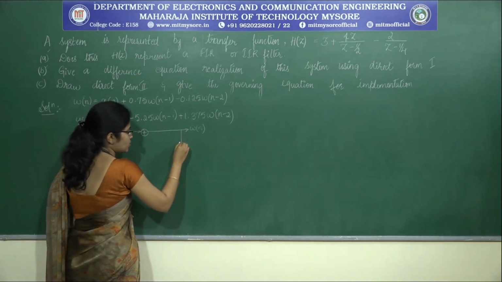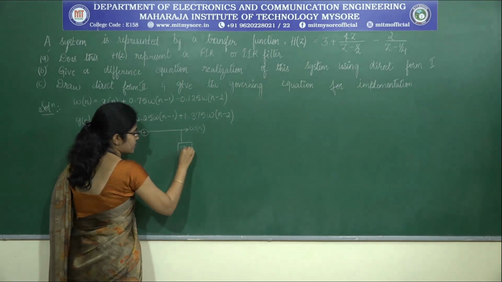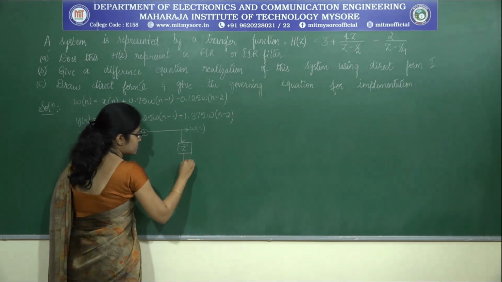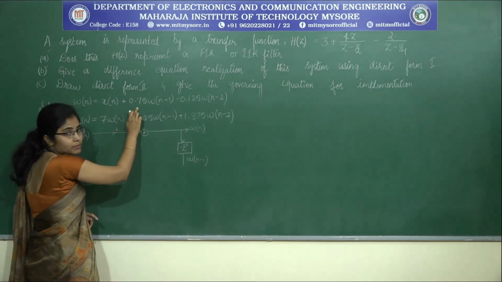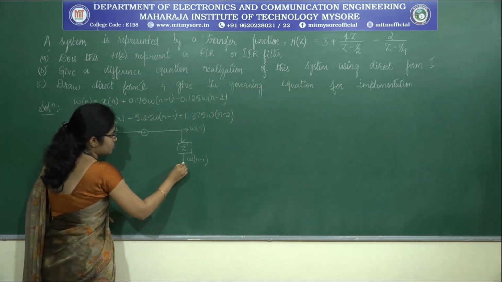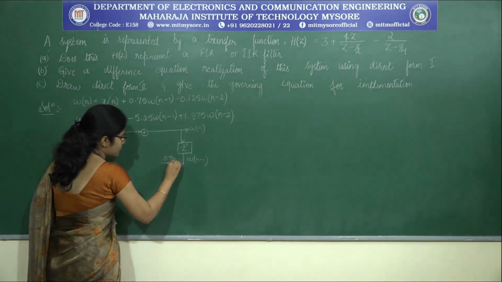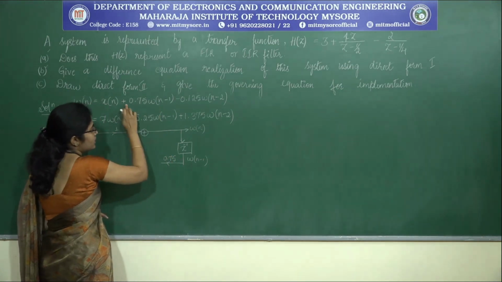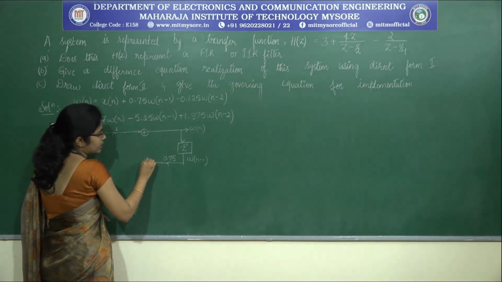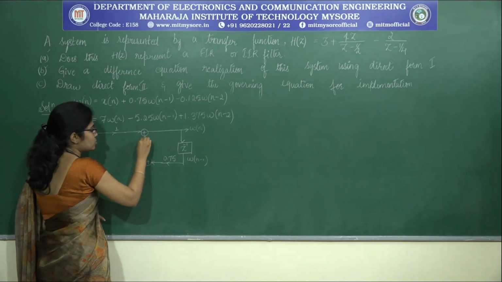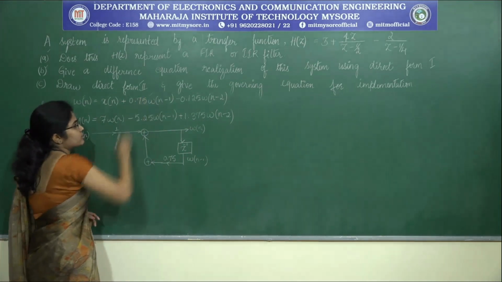So, delay this once, gives us w of n minus 1. To this multiply 0.75 and give it to an adder. Connect the output of this adder to the top adder. Okay. Now, we completed the second term also.